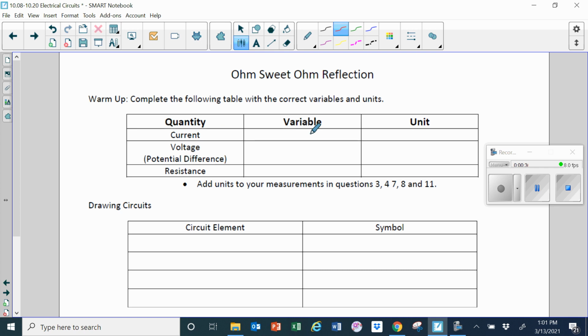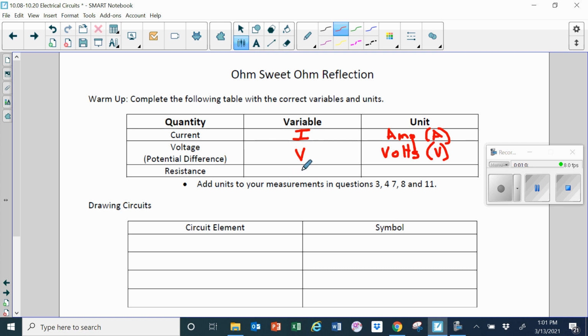So current, the variable is I, okay, and the unit is the amp, and amp has the abbreviation A. Okay, voltage, the potential difference, is V. These are basically synonymous, potential difference and voltage, and the unit is volts, and it's abbreviated V. And the last is resistance.